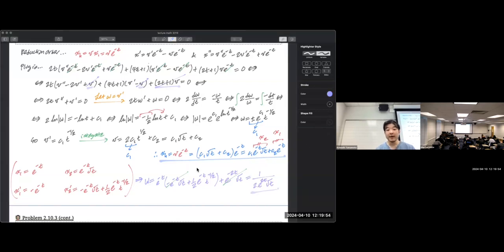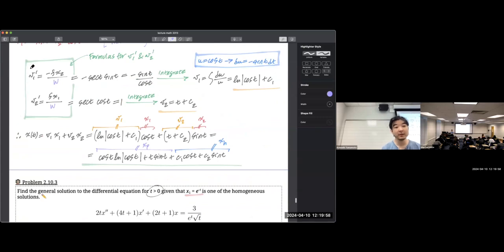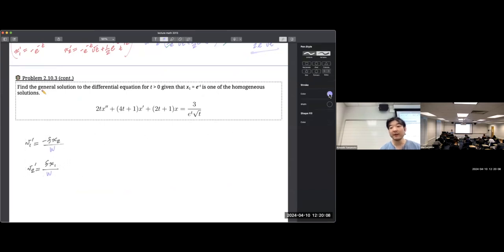Now we have formulas for v1 prime and v2 prime using the Wronskian, so we'll just copy those and paste them in. Now we have to find the correct f. The correct f, when we derived these formulas using Cramer's rule, was for the equation with this divided out.